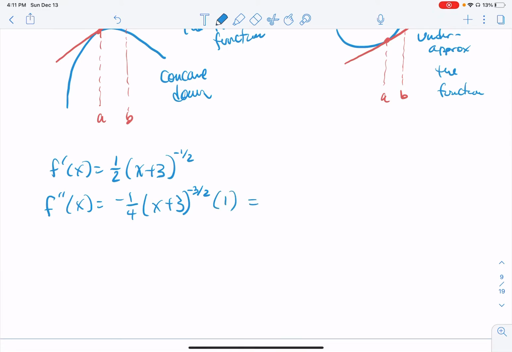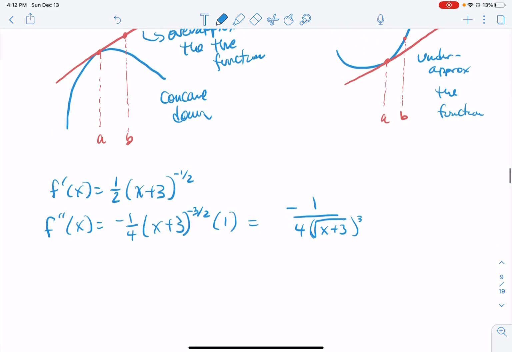Let's rewrite this thing. Negative 1/4, and then this would be the square root of x plus 3 quantity cubed.